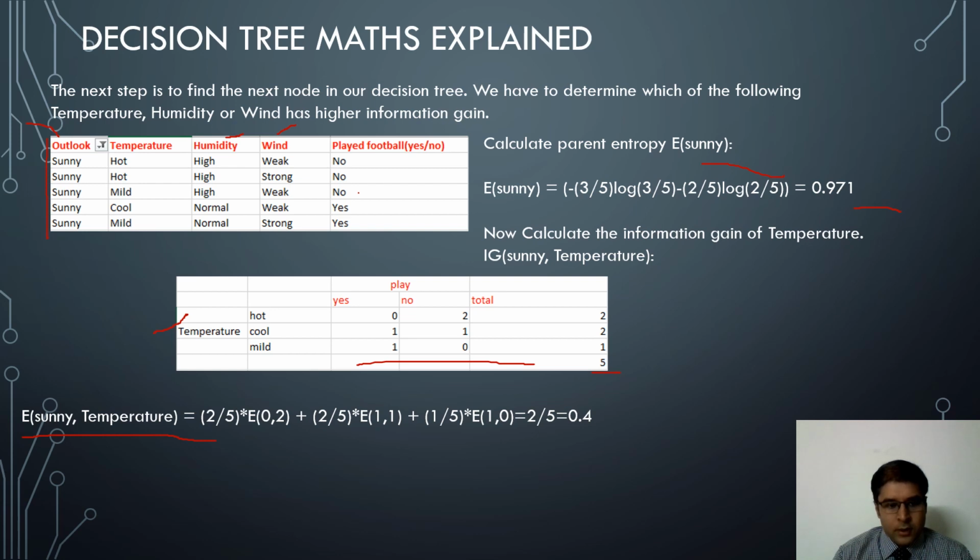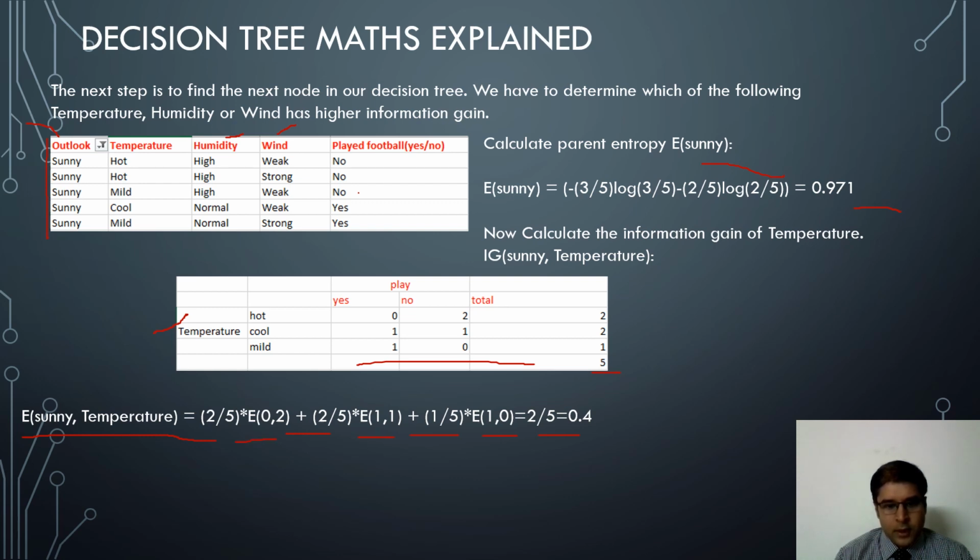So E(sunny, temperature) will be 2/5 into E(0,2), that is the entropy of yes and no for hot, and E(1,1) would be for cool temperature, and E(1,0) would be the entropy for mild temperature. So these are the weights: 1/5 is the weight for mild, 2/5 is the weight for cool, and 2/5 again is the weight for hot.